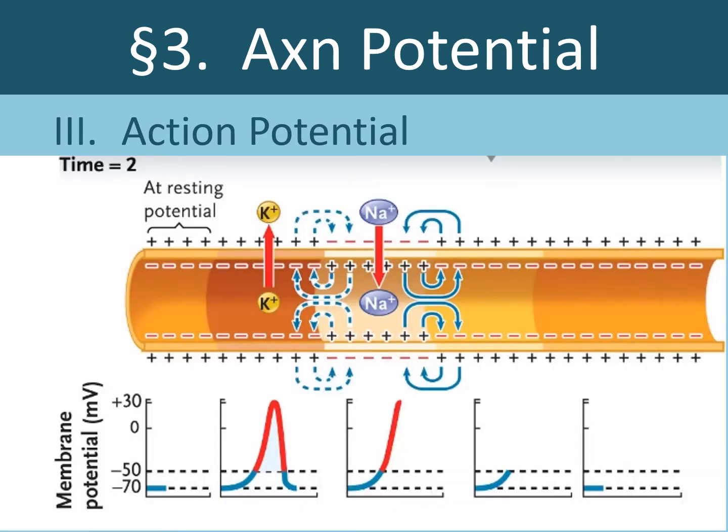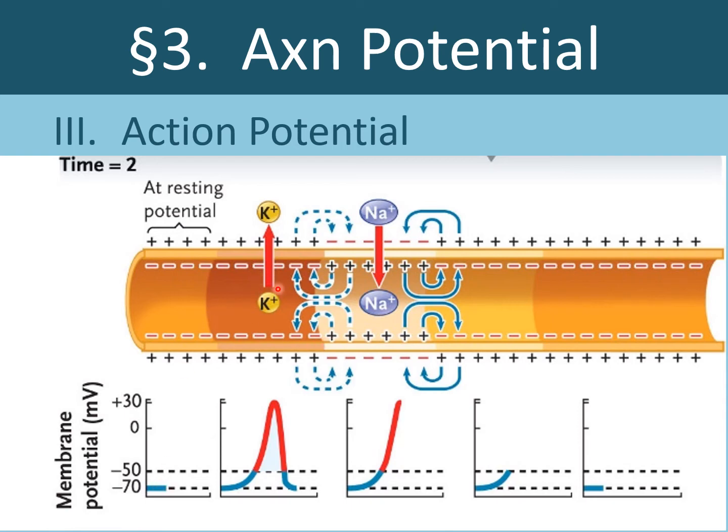In this diagram of the axon, you can see more time has passed, and that initial segment where the action potential had first occurred has now gone back to rest. So the sodium-potassium pumps have kicked the sodium back out and potassium back in. So the inside's back to negative 70 millivolts.